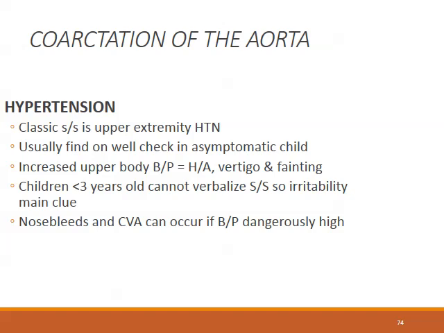Those patients will have headache, vertigo, and fainting. Children under the age of 3 cannot verbalize signs and symptoms, so irritability is the main clue with those. So children under 3, it's irritability. Also with the increased blood pressure, nosebleeds and CVA can occur, especially if it's dangerously high.